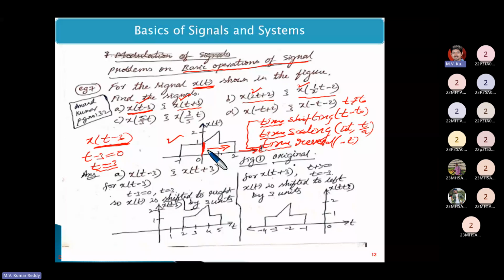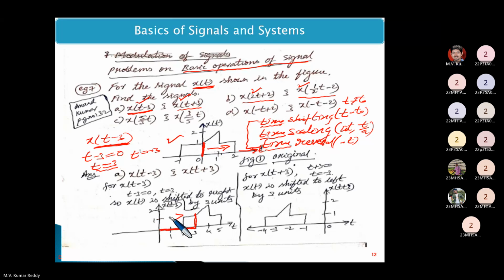So this value should be shifted by 3 units, 3 units to the right side. Now see here, this is the same value. This same value is shifted 3 units to the right side. If it is t equal to minus 3, it is shifted to the left side. Here t is equal to 3, that's why it is shifted to the right side.